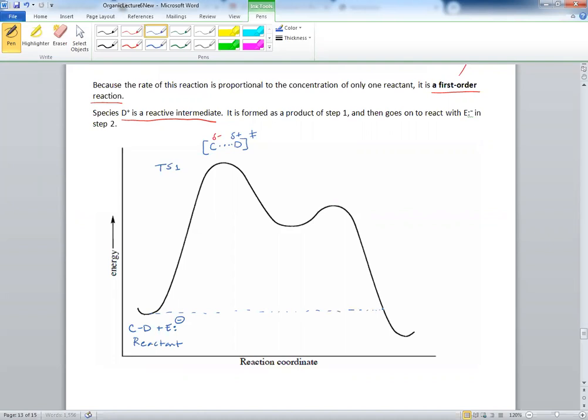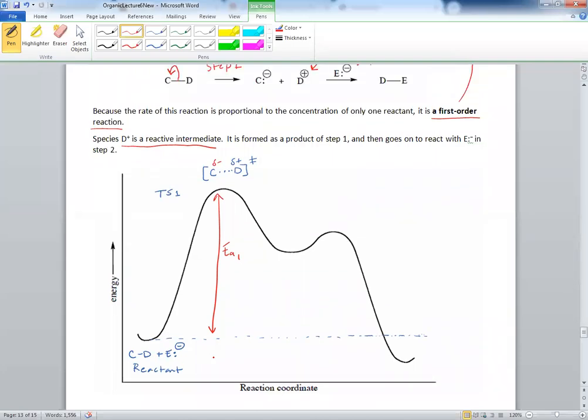Okay, I'm drawing this because remember, we need the difference between the reactants and products. So this would be right here. This would be the activation energy for step one. So we would call this EA1.